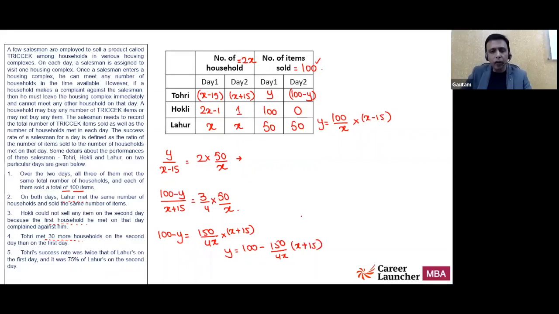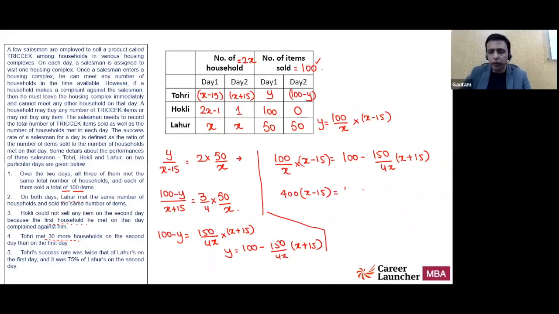Now I would equate this y. I would say 100 by x into x minus 15 should be equal to 100 minus 150 by 4x into x plus 15. Taking LCM, this would be 400 into x minus 15 should be equal to 400x minus 150 into x plus 15.